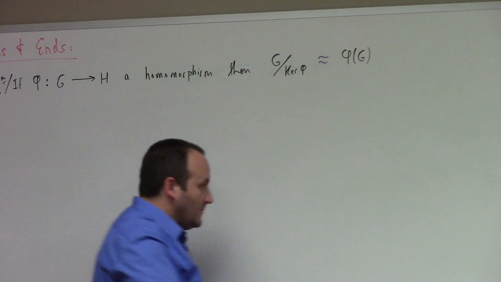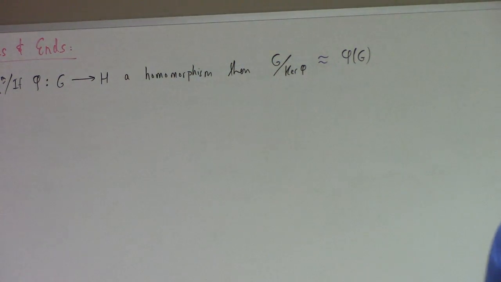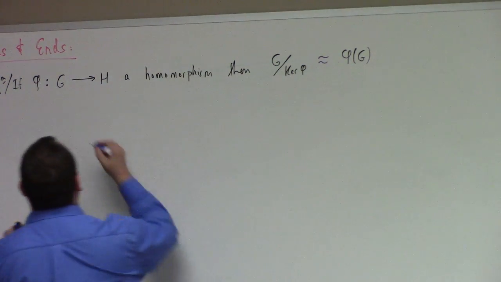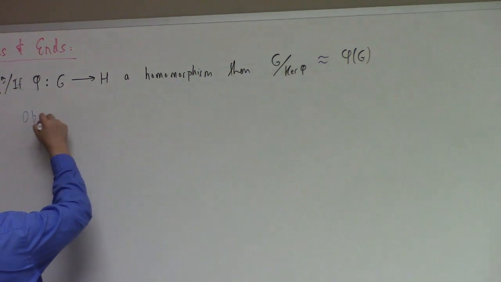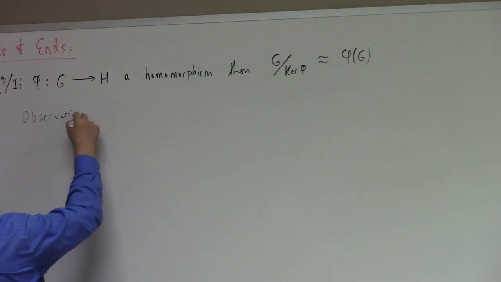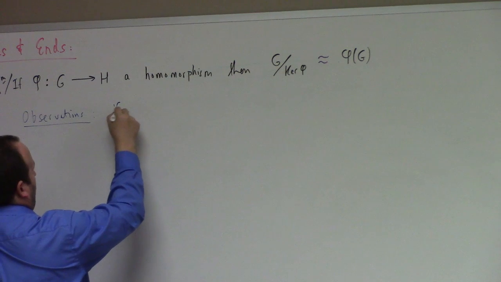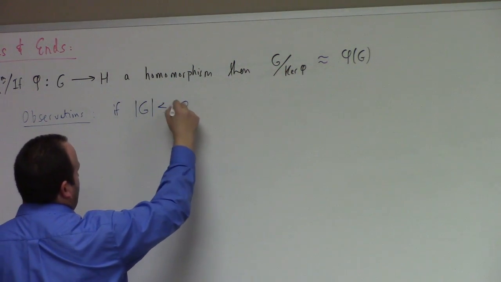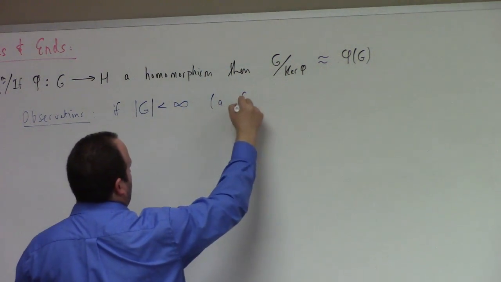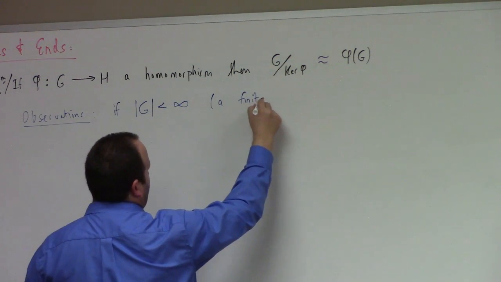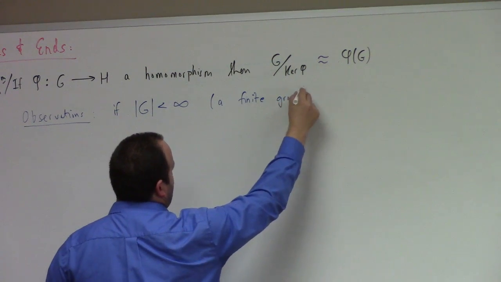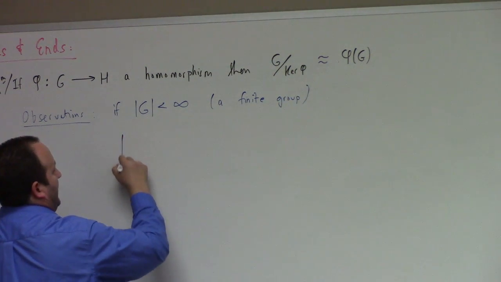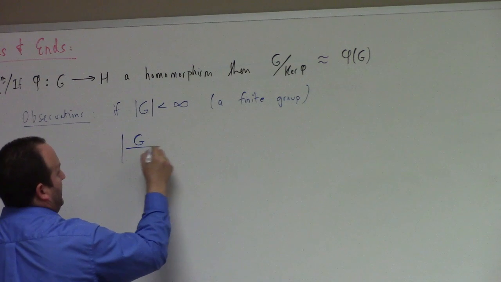All right. So this is the first isomorphism theorem, right? Now, if G is a finite group, then what? Some observations: if the order of G is less than infinity, then what do we have to say in terms of the size of things, or cardinality? What's the size of G mod the kernel?